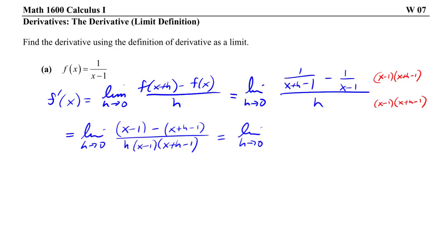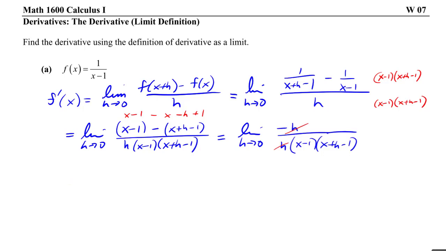So in the numerator, I'm going to get x minus 1 minus x minus h plus 1. Okay, and I get some canceling of the x's, the minus 1 and the plus 1, and I'm just left with minus h. The bottom, I'm left with h, x minus 1, x plus h minus 1. And, as I was hoping, cancel, cancel.